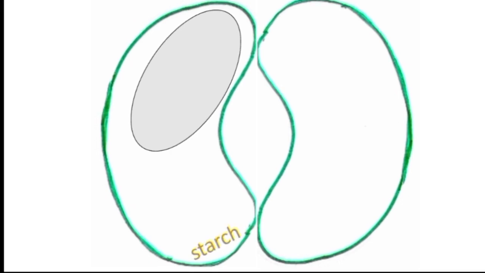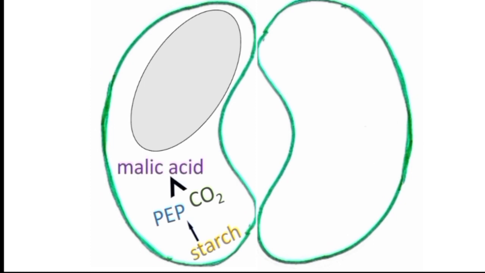So, how does the procedure take place? When stomata are closed, respiration takes place and starch is converted to PEP, or phosphoenol pyruvate. This PEP makes several types of organic acids with carbon dioxide, and malic acid is the most important of all the organic acids.